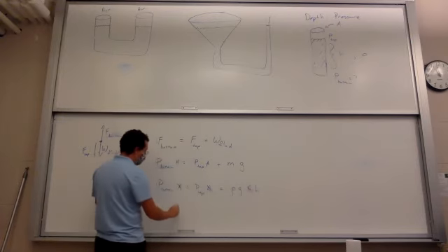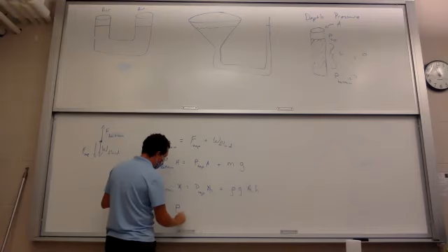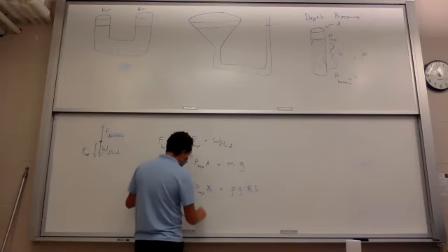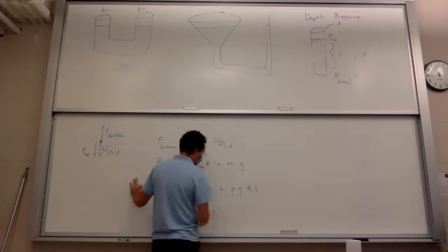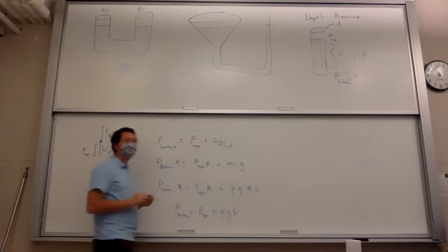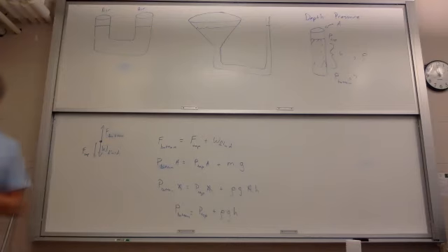And we learn that the static pressure at the bottom is the pressure at the top plus the density of the fluid times G times the depth H.